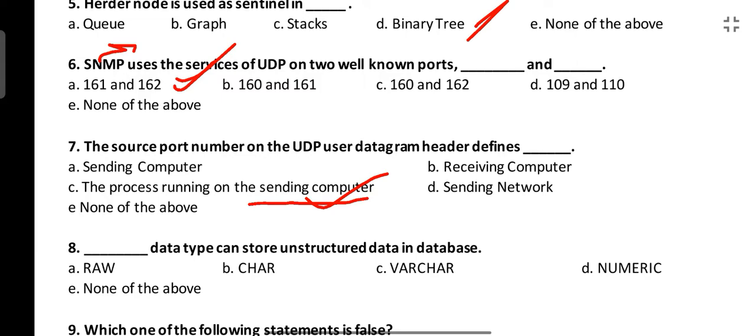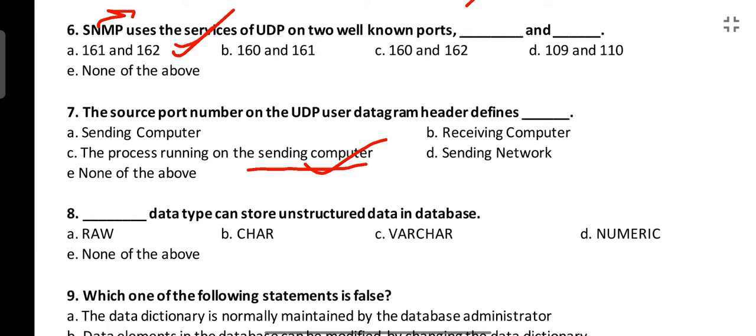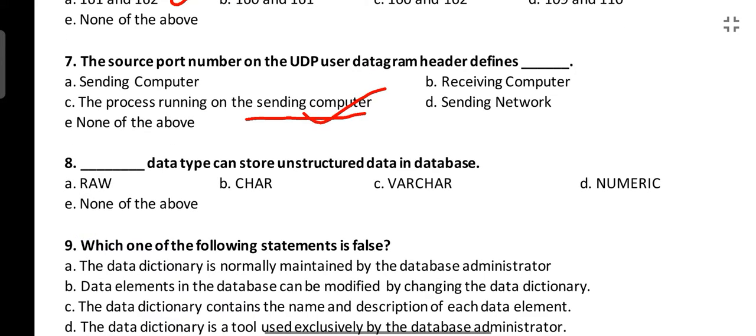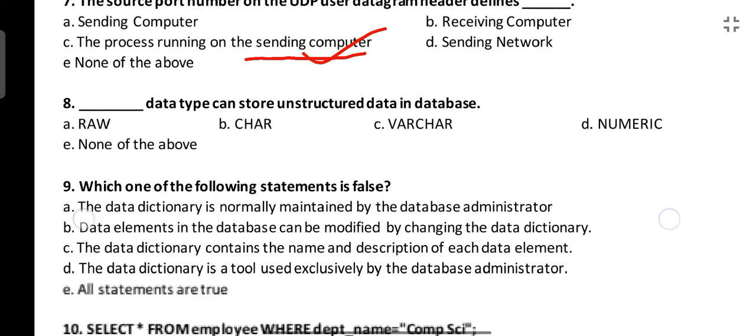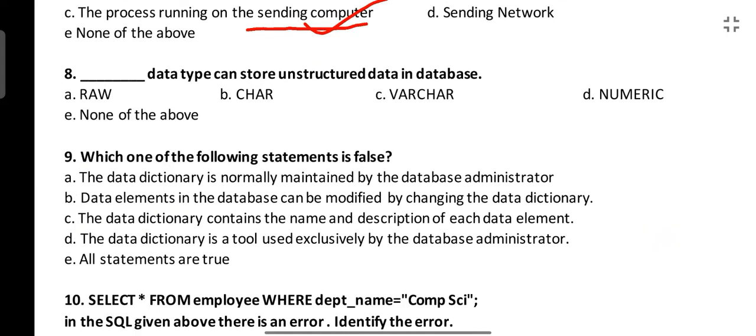We know port number is used to determine the process, and source port will tell us the process running on the source computer, and destination port number will tell us the destination process. Next is, dash data type can store unstructured data in a database. So this data type is the raw data type. Correct answer is raw.